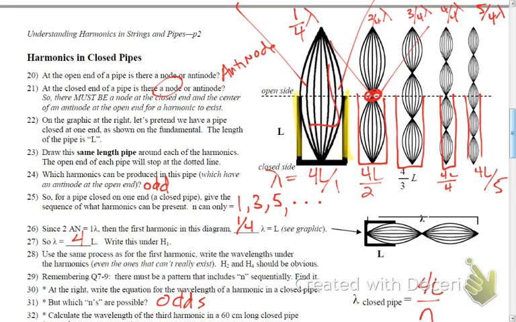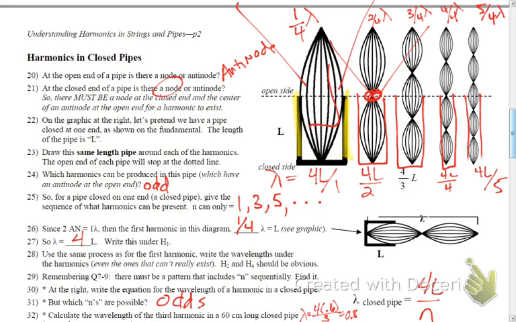What do you guys end up getting as the wavelength of the third harmonic? 0.8, because we're going to do 4 times our length of pipe, which is 0.6, divided by our number of harmonic, which is 3. So it's 2.4 divided by 3 is equal to 0.8.